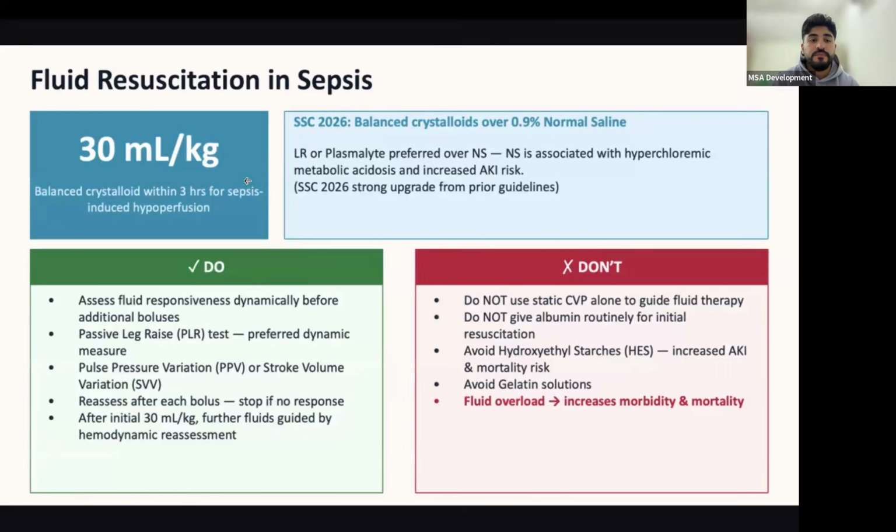Okay. So in this slide, first of all, you need to understand that you need to give them lactated Ringer's, not a normal saline. Why not a normal saline? Because a normal saline is going to cause these patients hyperchloremic metabolic acidosis, and they're going to increase the risk of AKI.